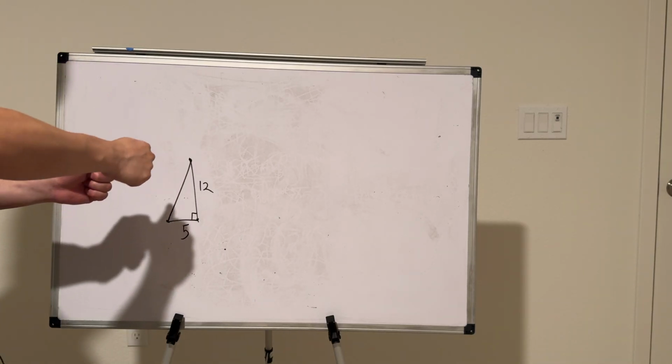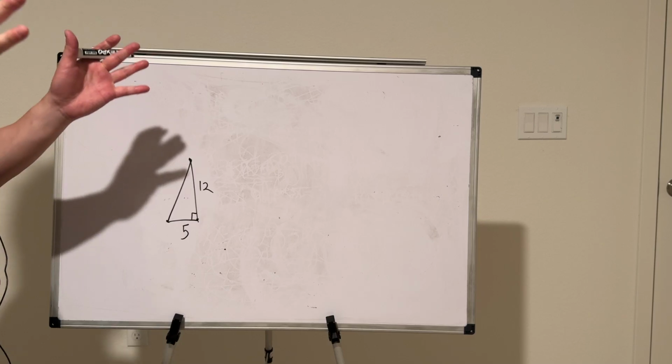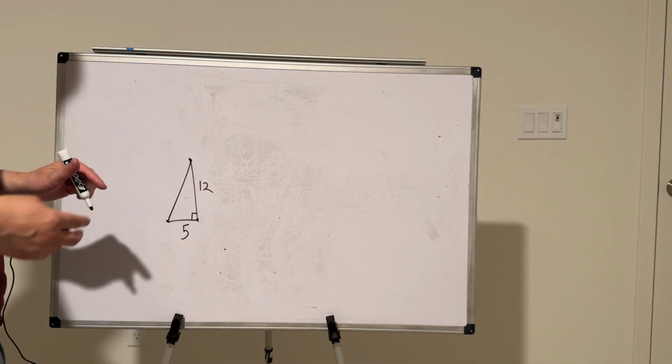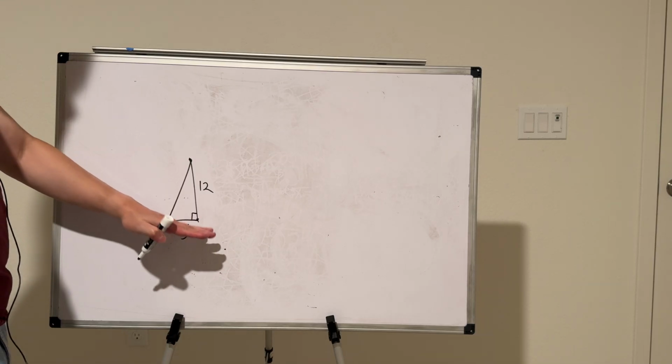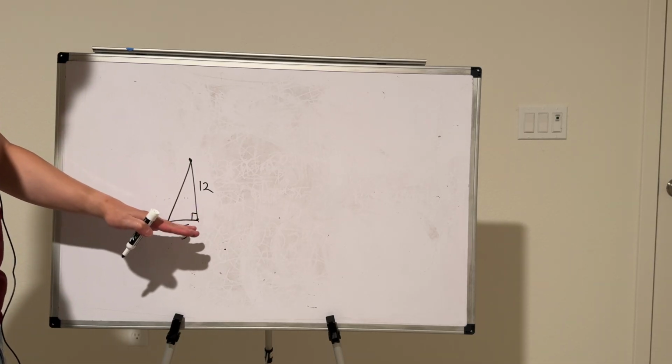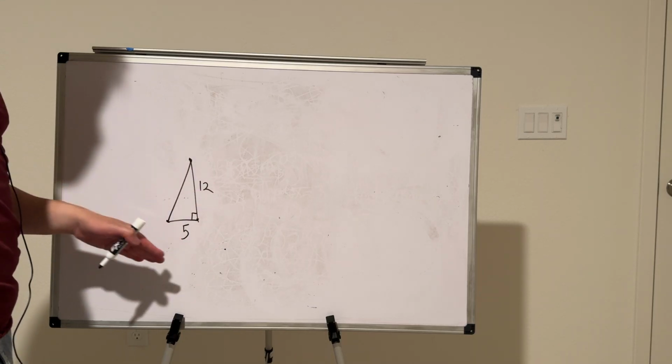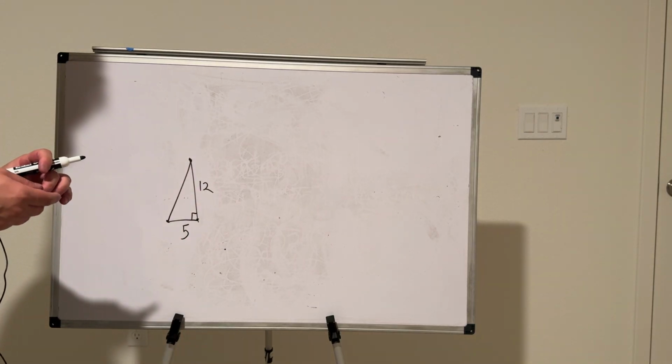So I want to make this triangle bigger and make it look proportional, which means that if I increase the bottom part of the triangle by a certain factor, I have to increase all the sides of the triangle by that same factor.